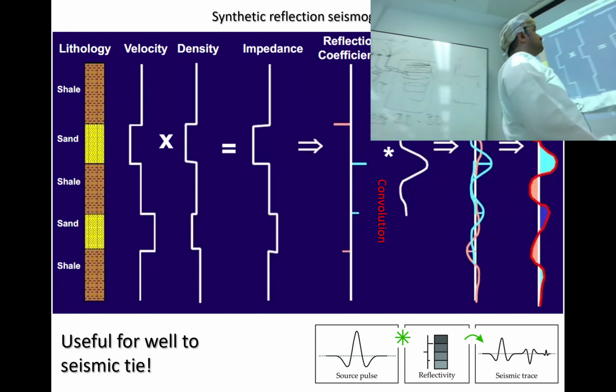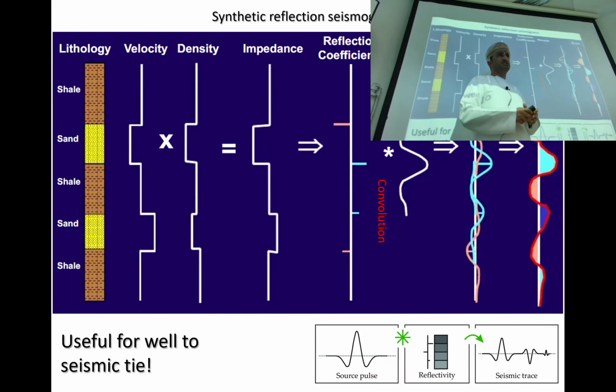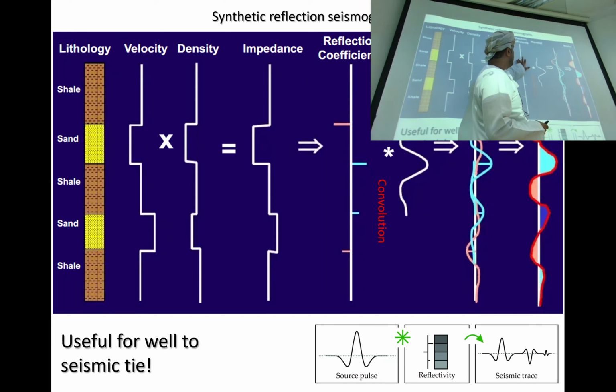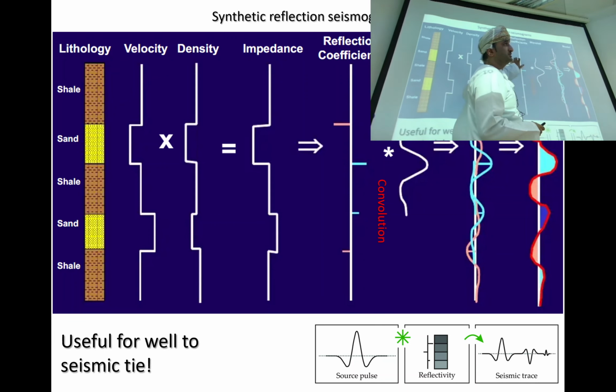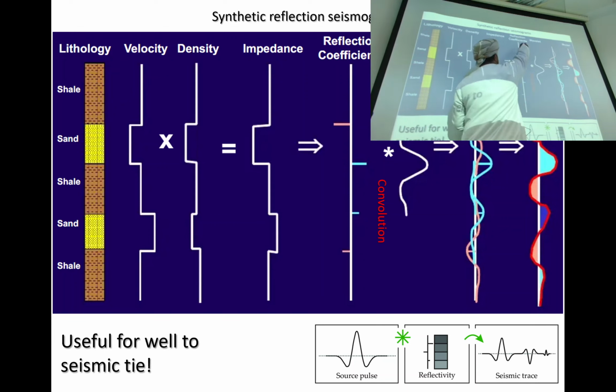It's a convolution, not a multiplication; it's a more complex thing than multiplication. It gets convolved with this reflectivity series to produce the traces. So will it look like this or the opposite? The opposite, it comes like this.